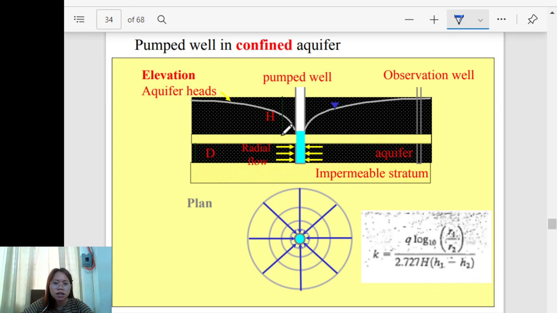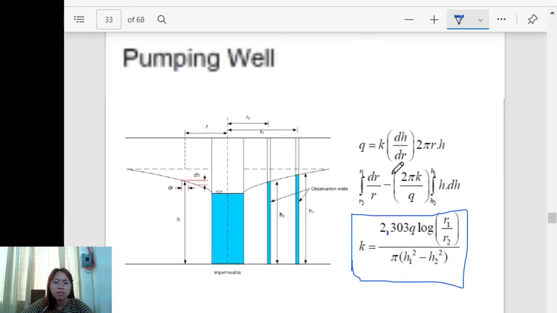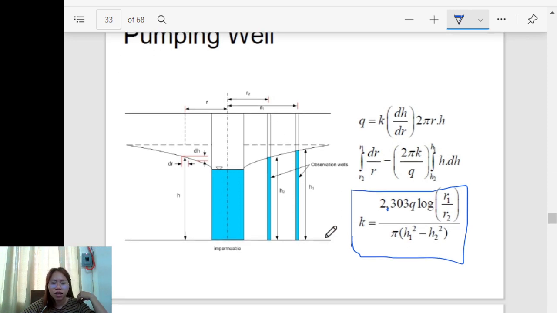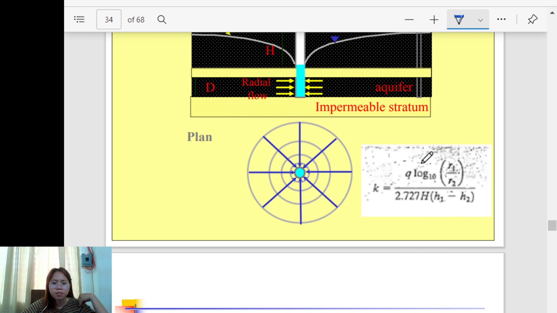The H is the thickness from the second impervious layer to the top of the aquifer. The same concept as the previous one, with R1 and R2, and also H1 and H2. So this is the formula.